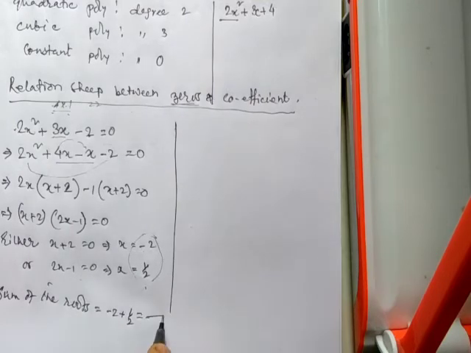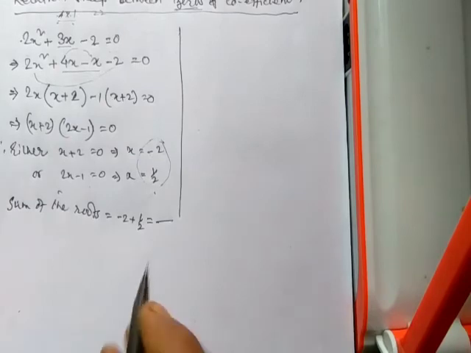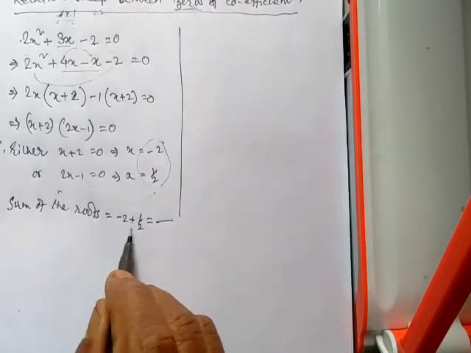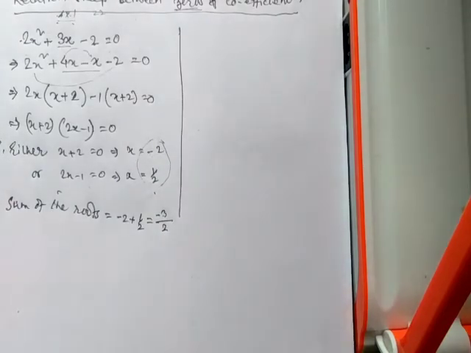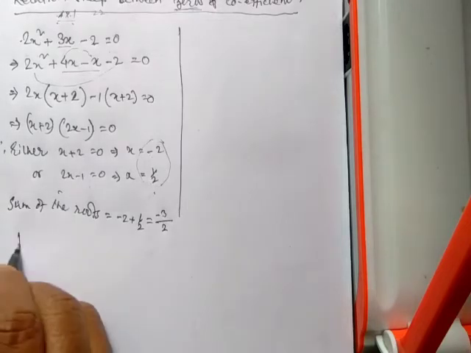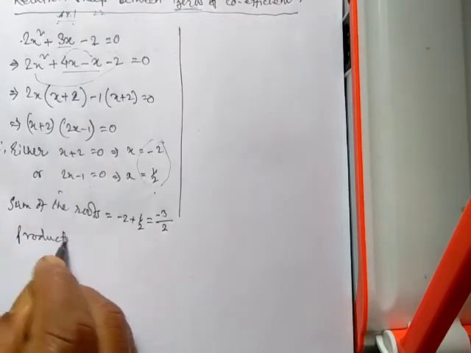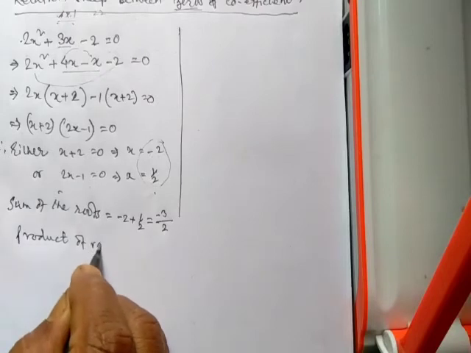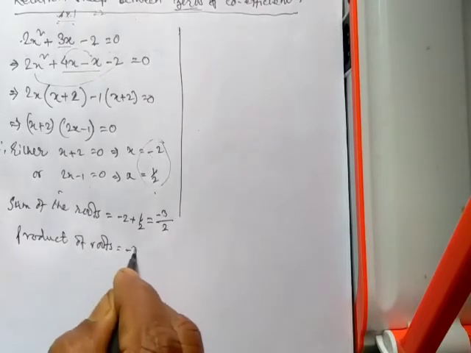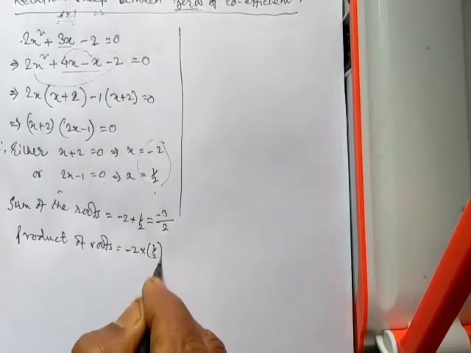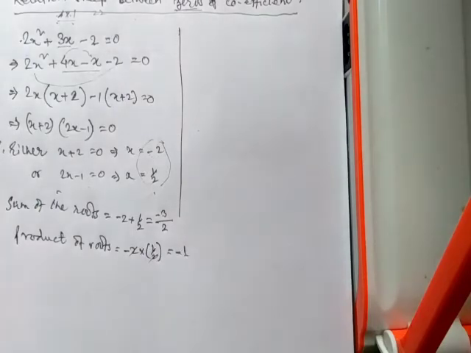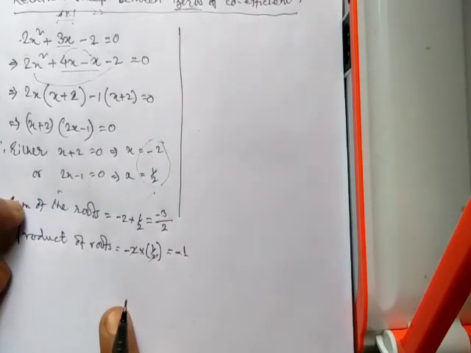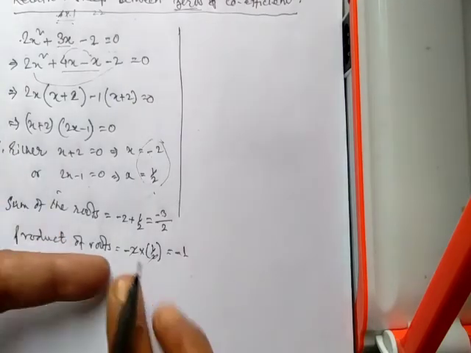What is the LCM and how much is it coming? Minus 4 plus 1, minus 3 by 2. Product of roots is minus 2 into half, which is how much? Minus 1. So these are the two roots, and these are the two zeros.